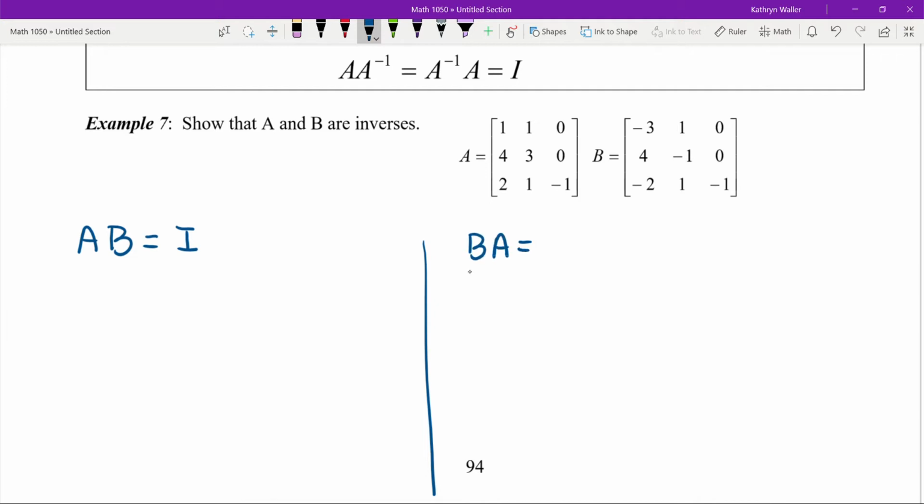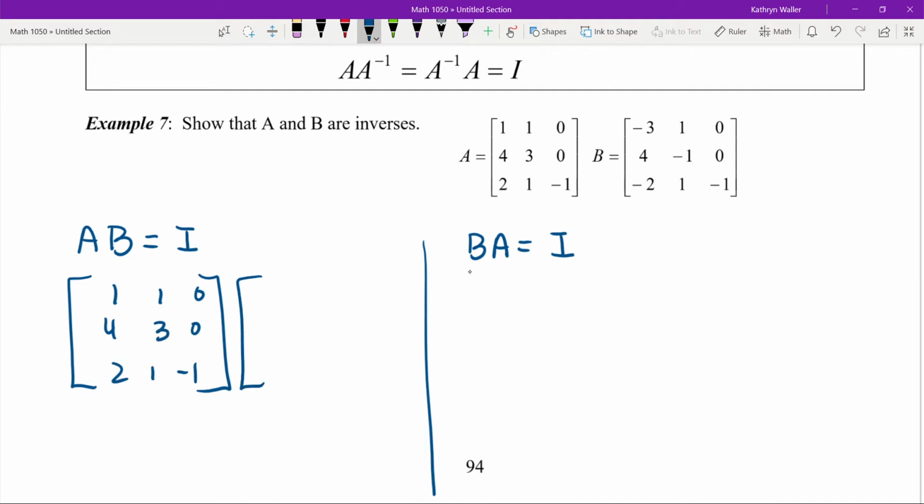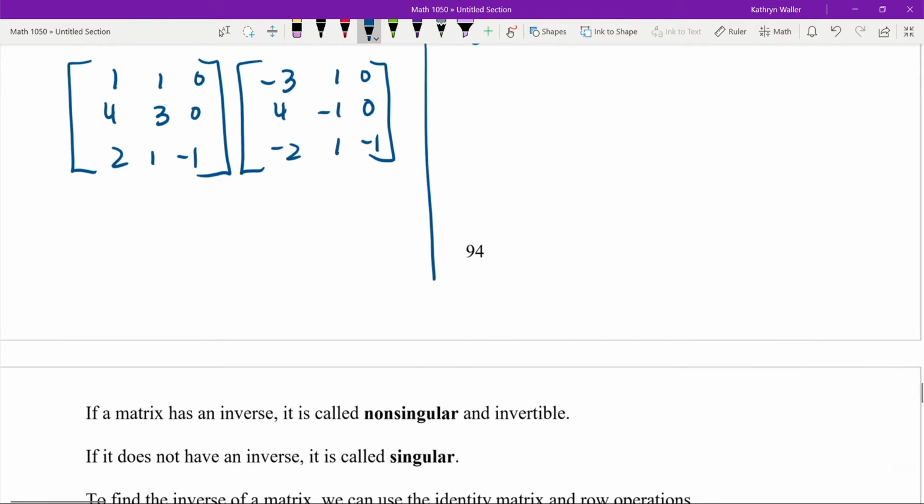B times A is also the identity, okay? Now you can't just do that. You have to write A and B down, okay? So let's write A down. Right next to it, write B. And when you multiply those, you're supposed to get the identity.